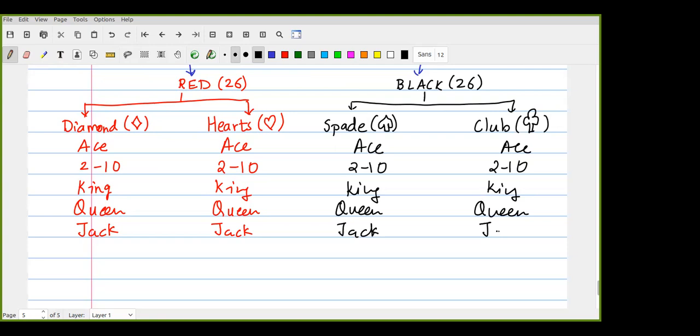One very important thing which will come again and again is about face cards. These king, queen and jack come under face cards.